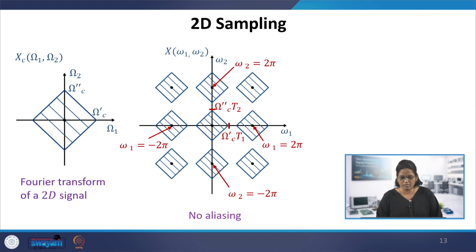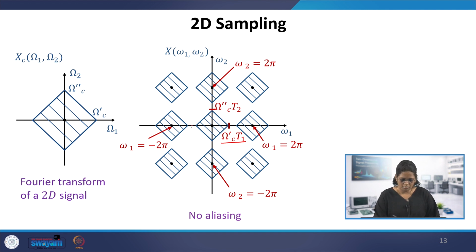This is similar to the case of 1D sampling. Here omega c dash T1 and omega c double dash T2, the dash and double dash are used to differentiate the omega 1 direction and omega 2 direction, and the pattern is centered at up to 2 pi and minus 2 pi here. In a similar fashion, this is the one without any aliasing.